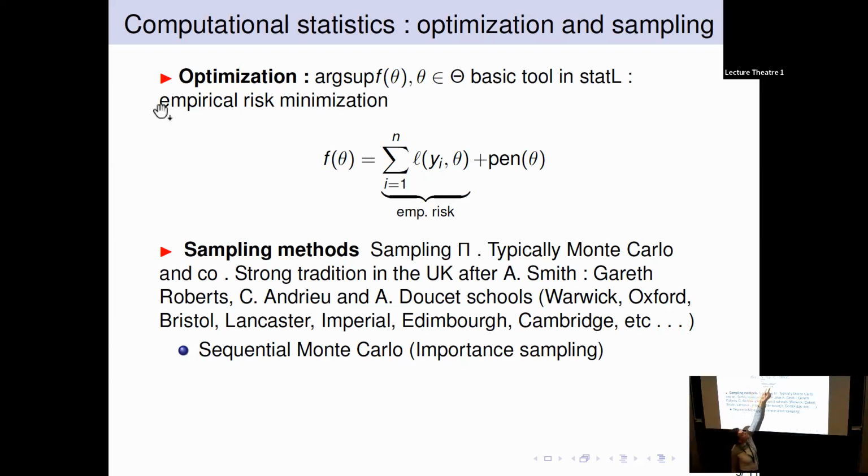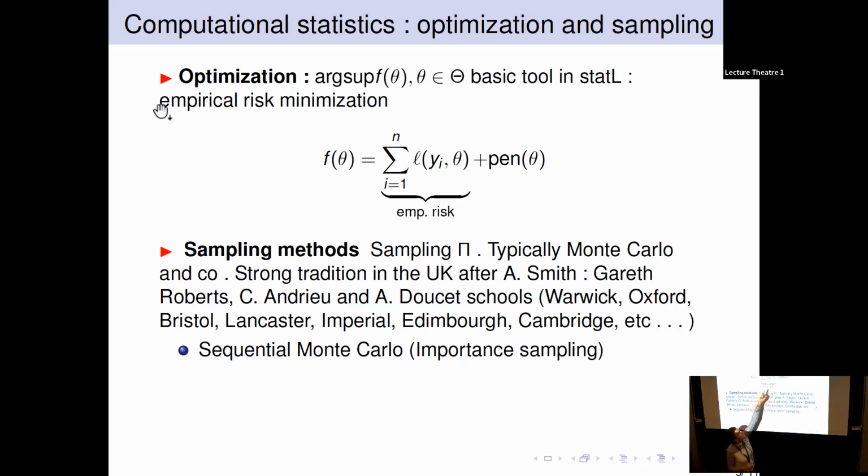So these are some here. So the yi's are the data. You assume that they come from some model which you don't know. You compute a loss function, which measures what you lose when you observe y and when you propose theta as a generating model parameter.